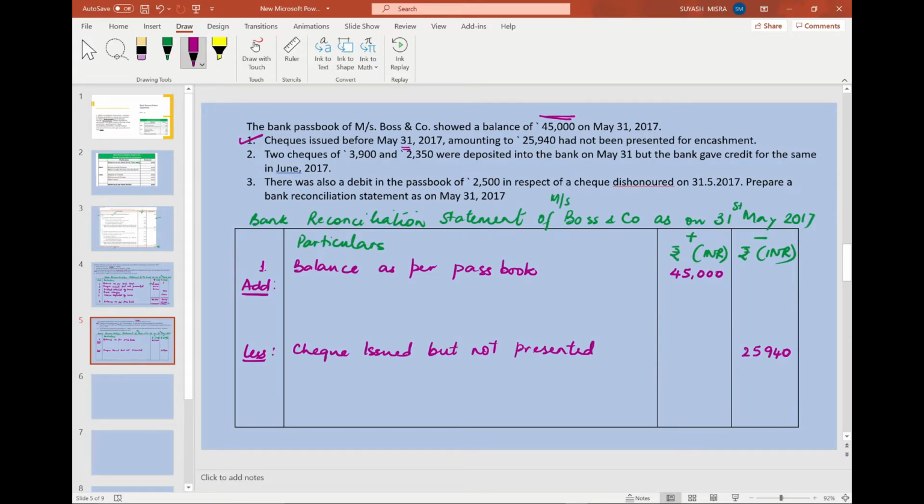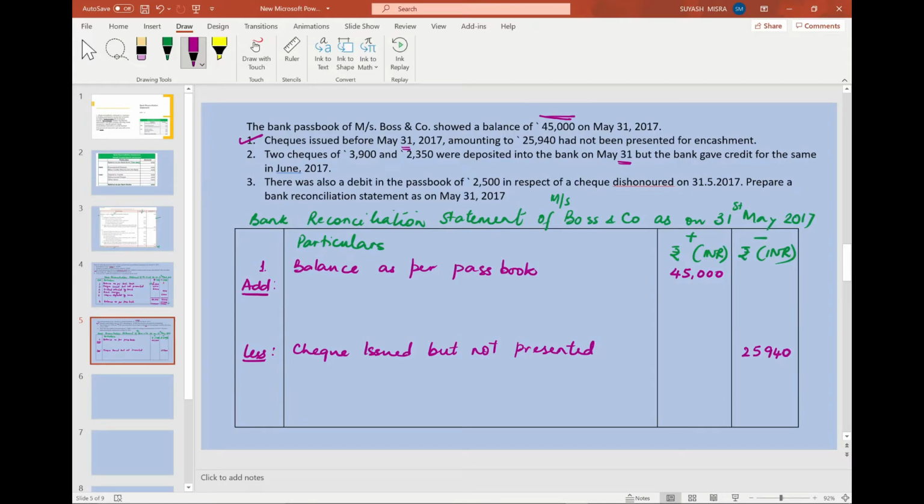The second one, two checks of 3,900 and 2,350 were deposited into the bank on May 31st, but the bank gave credit for the same in June. That means this was deposited in my cash book. Messrs Boss and Company's cash book was showing more by this much because they were saying money received in, right? So this was showing more, but bank did not show it until June. So what I have to do, I have to increase the amount in bank passbook to bring it to par with cash book.